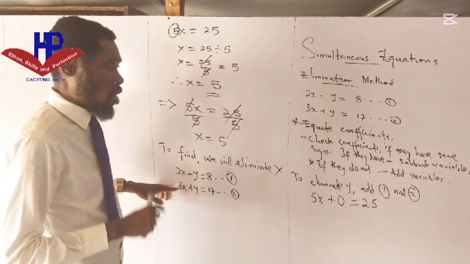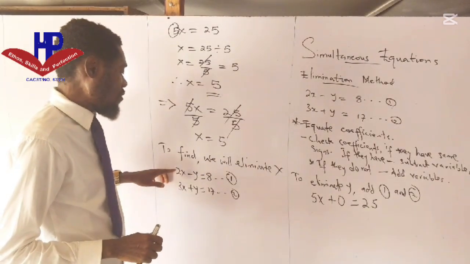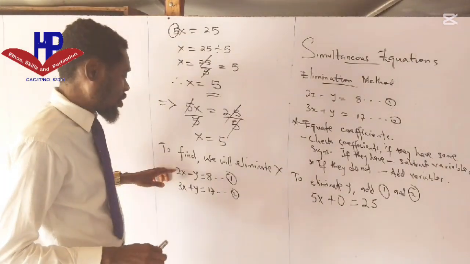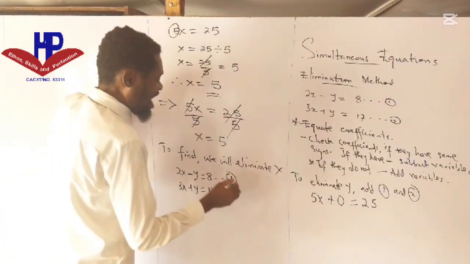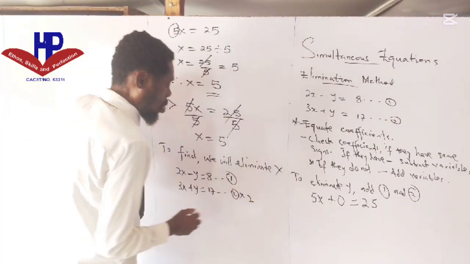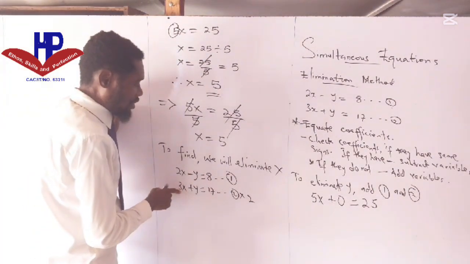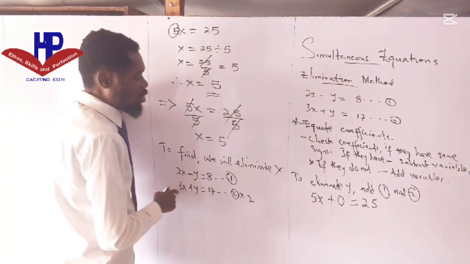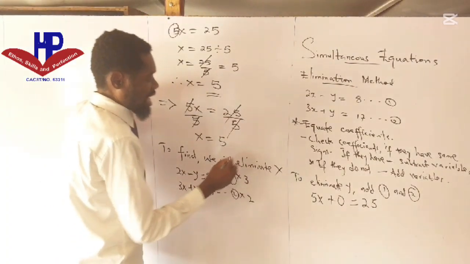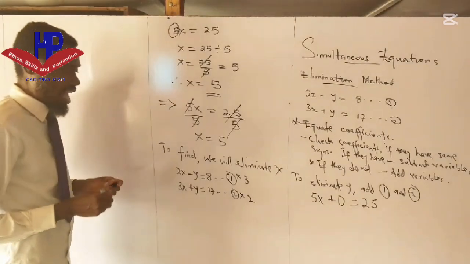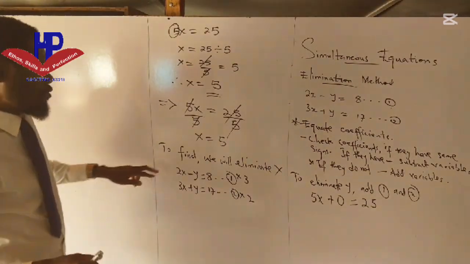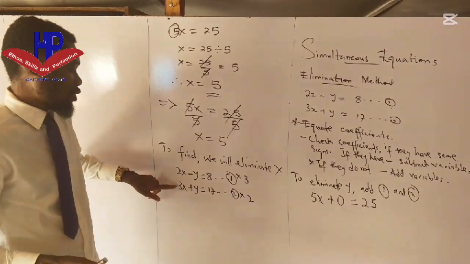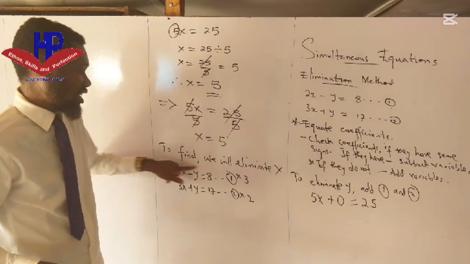For us to equate the coefficients, you take the coefficient of x in the first equation and multiply everything you have in equation 2. Take the coefficient in the second equation and multiply everything you have in equation 1. It's like cross multiplying coefficients. I've used 2 to multiply everything in equation 2, and I've used 3 to multiply everything in equation 1.